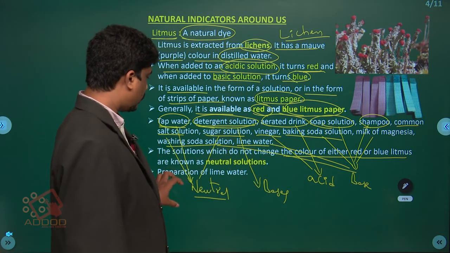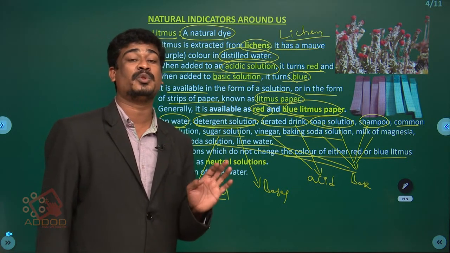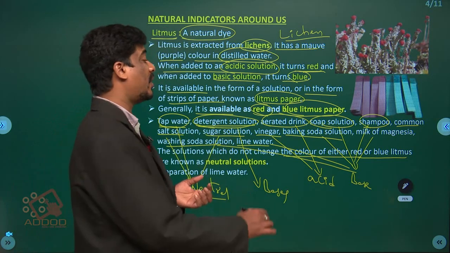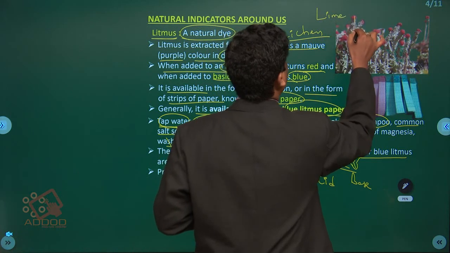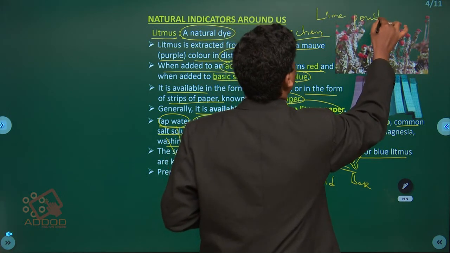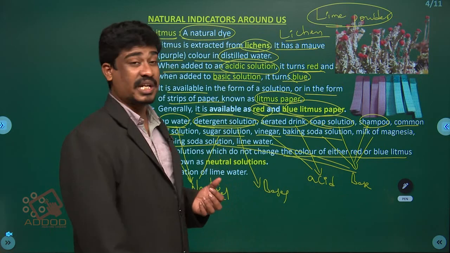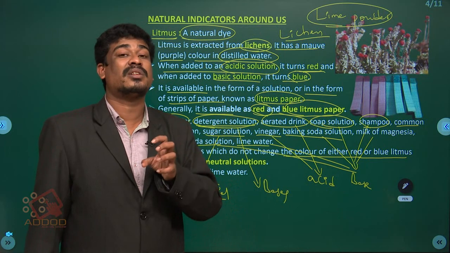That's it. So preparation of lime water is important. How can we prepare lime water? To prepare lime water, we need to take lime powder. What is lime powder? The chemical name of lime powder is calcium oxide.